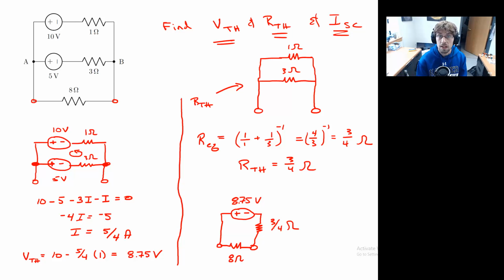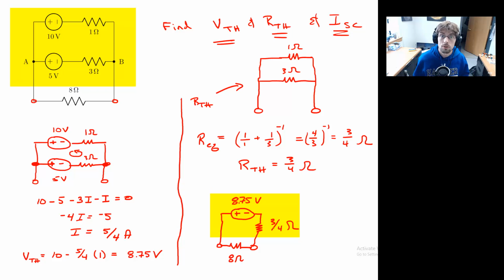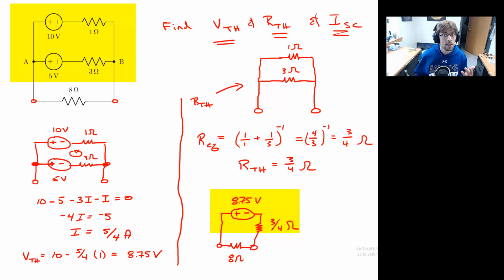From the perspective of the load resistor, these two circuits that I have drawn are completely equivalent. There is no way for the 8 ohm resistor to distinguish between those two circuits from an electric point of view. It gets the same potential, it gets the same current. Those two circuits are equivalent.